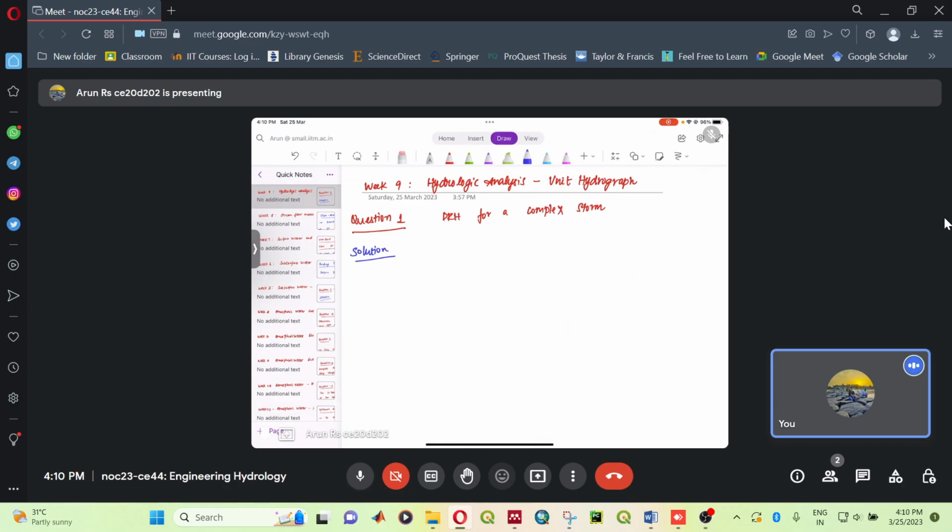So from the infiltration module, we know that the runoff or the rainfall excess is generated only when the rainfall intensity is greater than the infiltration rate.